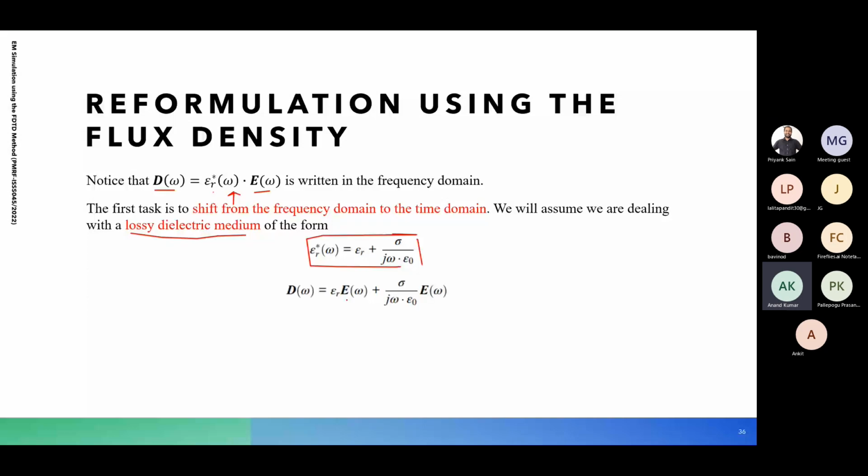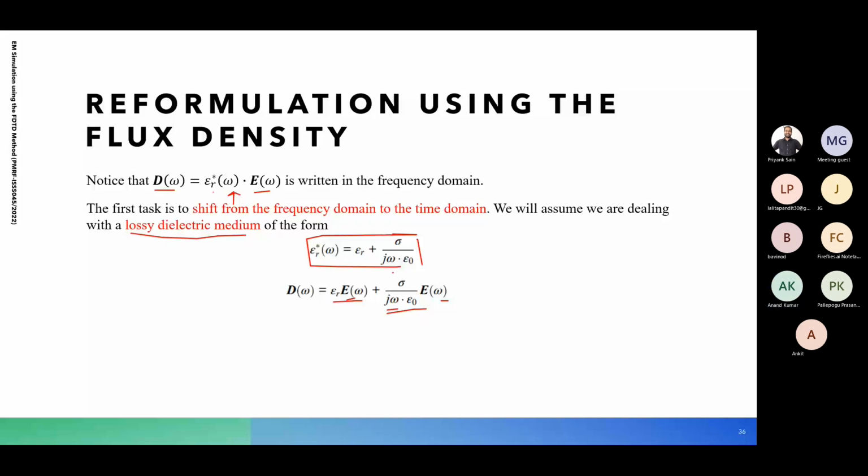Now what you see is that going from frequency domain to time domain, the first expression is easy, but for this something more has to be done. So we have j omega over here, which is equivalent to an integration in time.